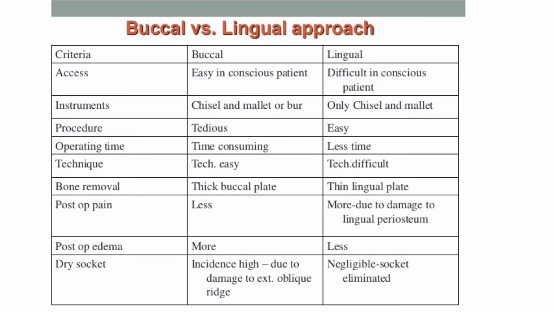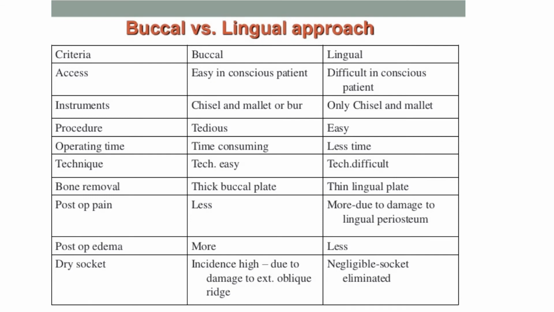Technically, the buccal approach is easy compared to the difficult lingual technique. When we look into bone removal, there is a thick buccal plate in the buccal approach compared to a thin lingual plate.